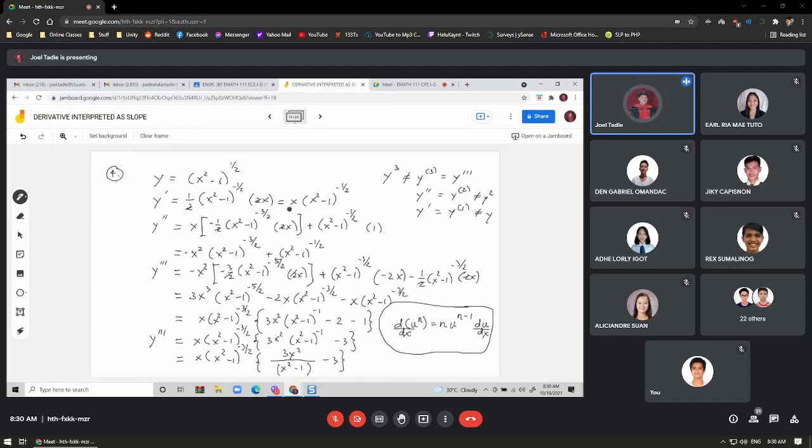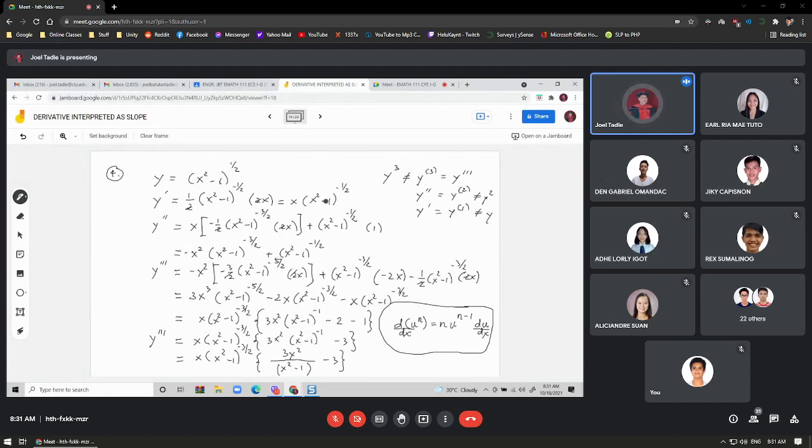So, using the product formula, ato niyang i-let ang x as u, niya ang second function is as v, makagamit ta sa product formula, udv plus vdu. So, u copy x, niya multiplied by dv, derivative sa quantity x squared minus 1 raised to the power negative 1 half.